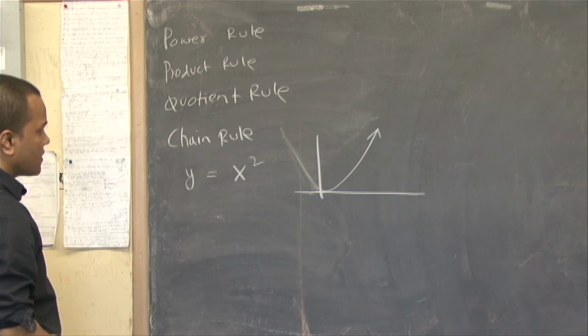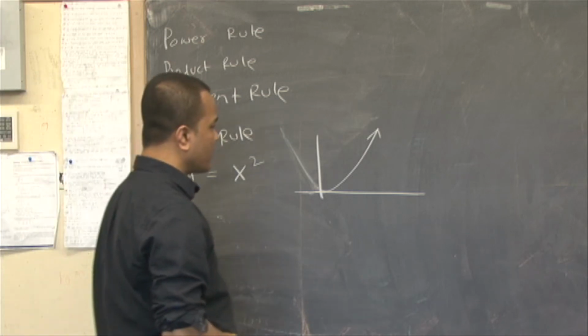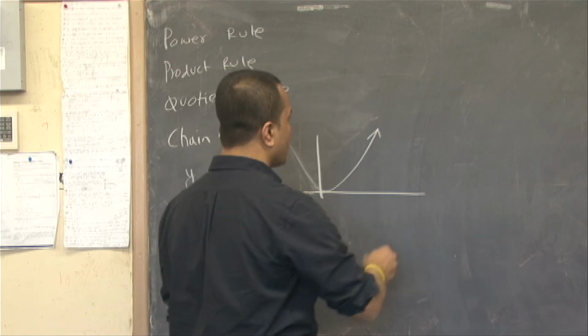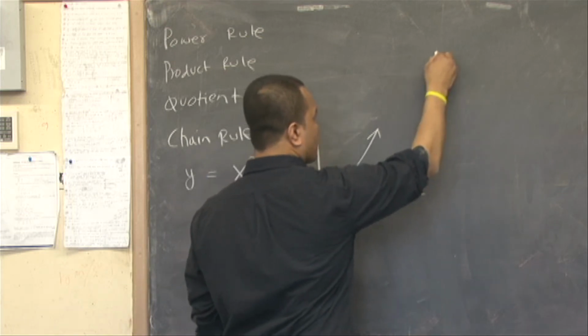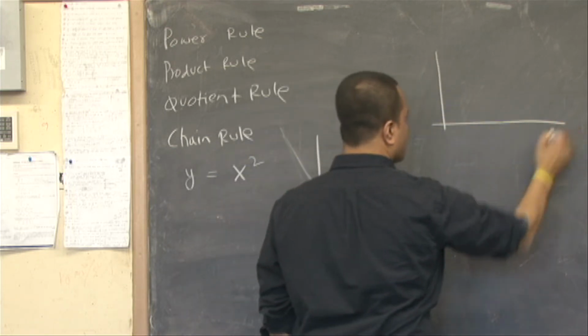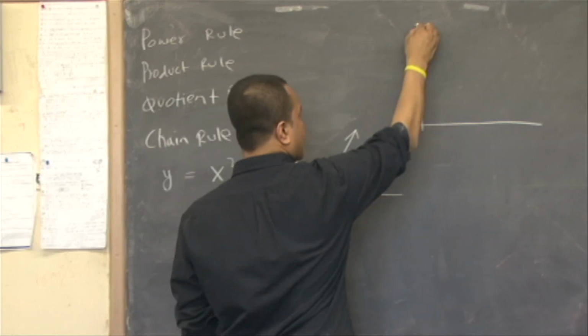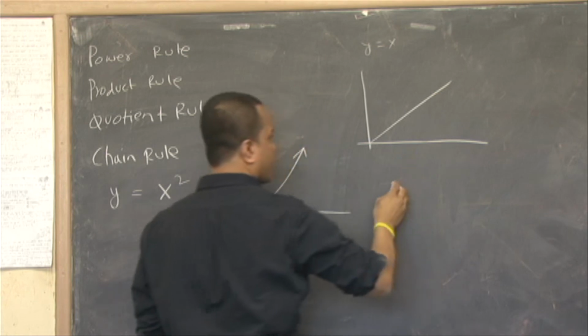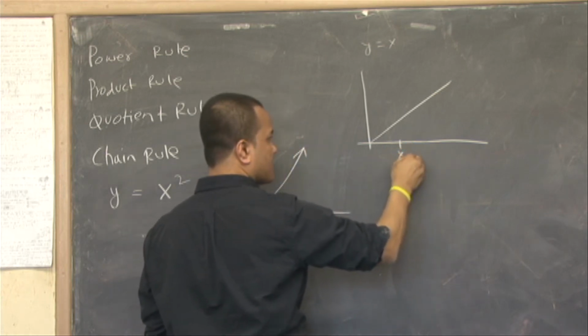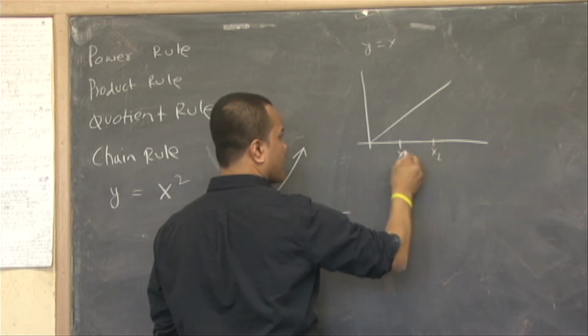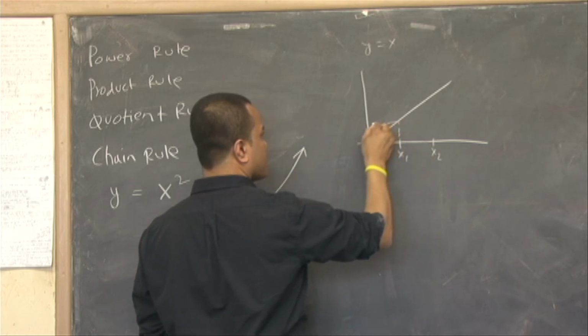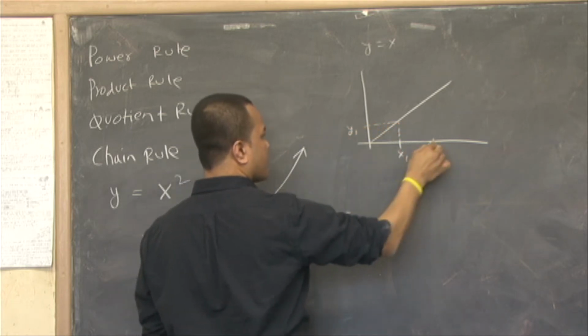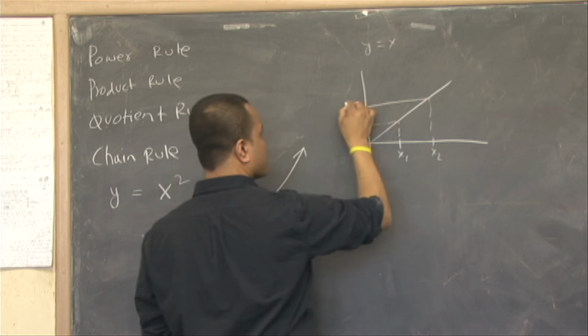Okay? So in algebra, when we had to take the slope of a line, what do we usually do? If y is x, then there is a line like this, and if this is x1 and this is x2, then there is your y1 and there is your y2.